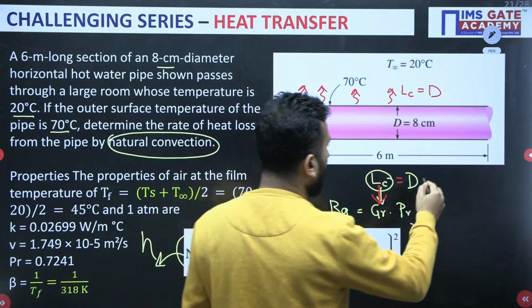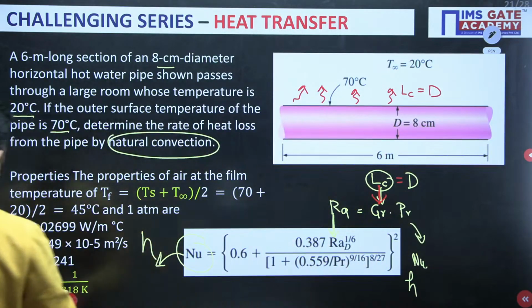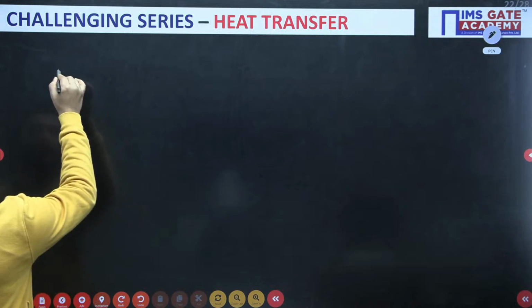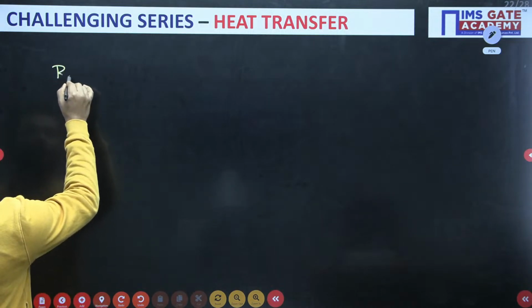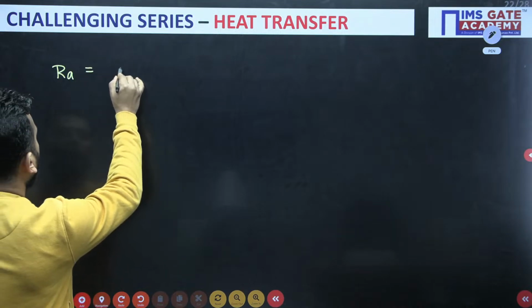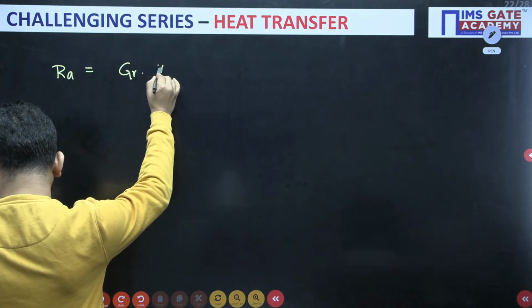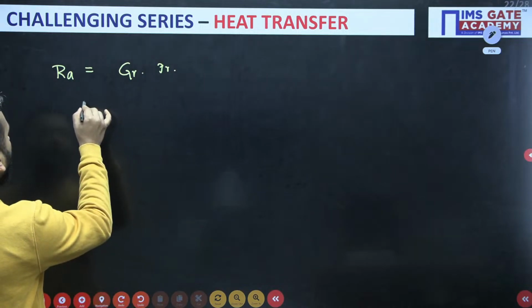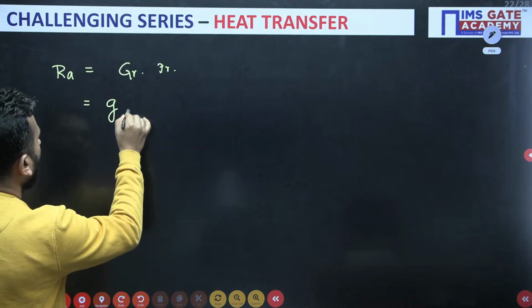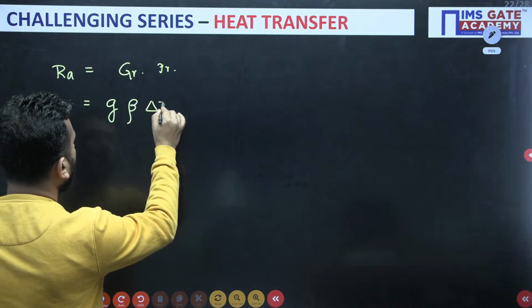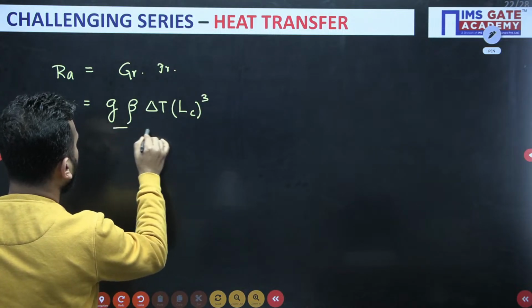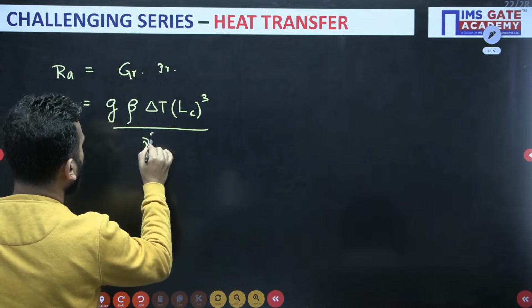What is Grashof's number? Let me solve it. Rayleigh number is Grashof's number into Prandtl number. And what is Grashof's number? G beta delta T LC cube by nu square.